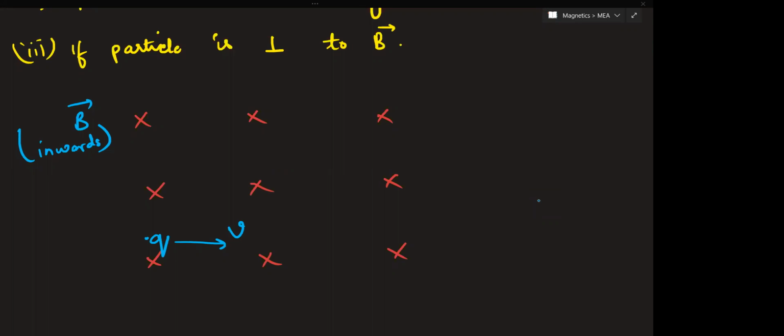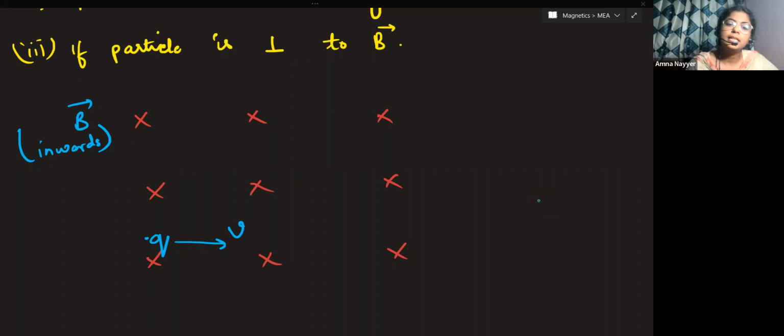Keep your hand towards the velocity, curl towards the magnetic field, and see where your thumb is leading. Upwards, downwards, inwards, outwards, right, left? Write it in the chat box quickly.